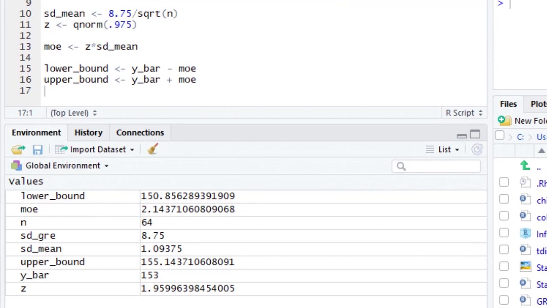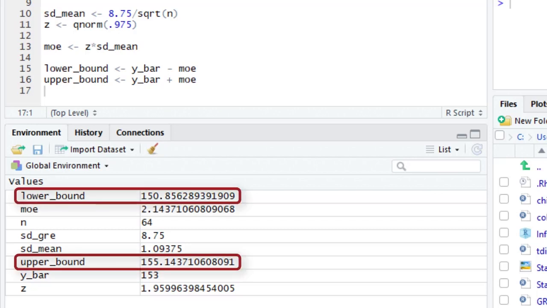My lower bound is 150.9. My upper bound is 155.1. So the confidence interval is between 150.9 and 155.1.